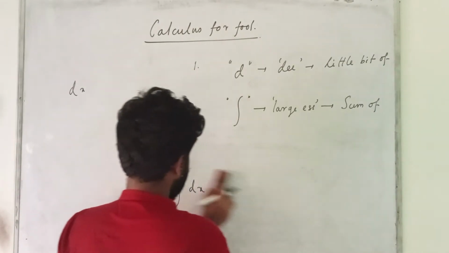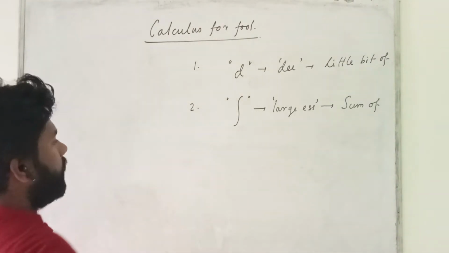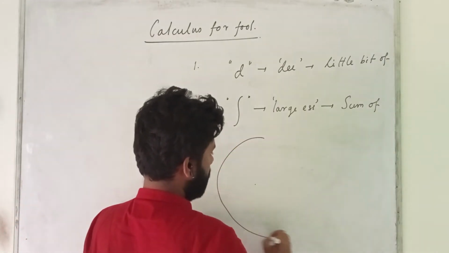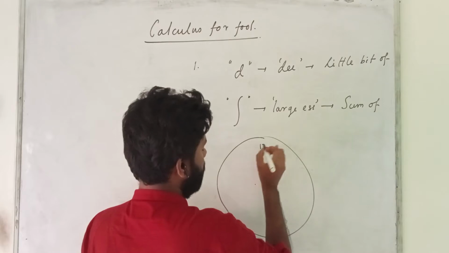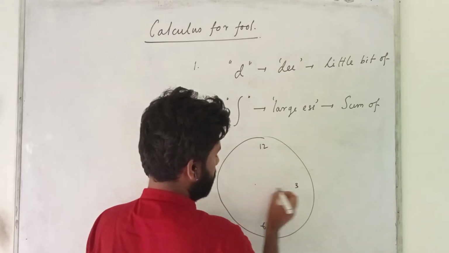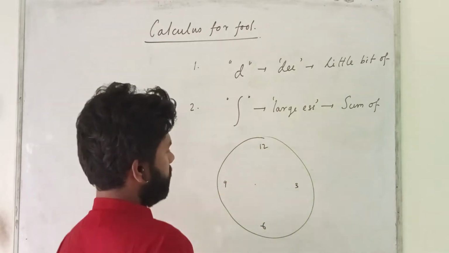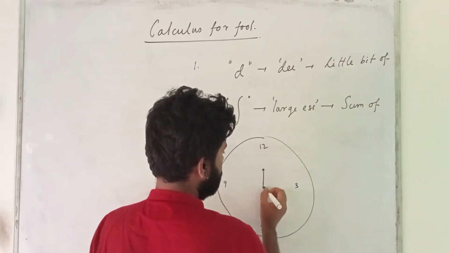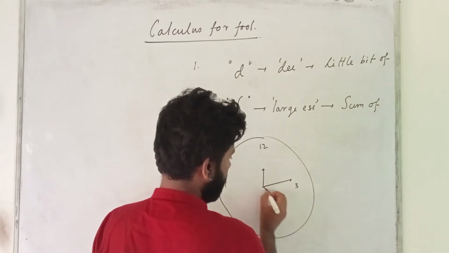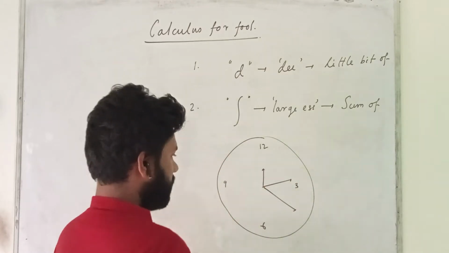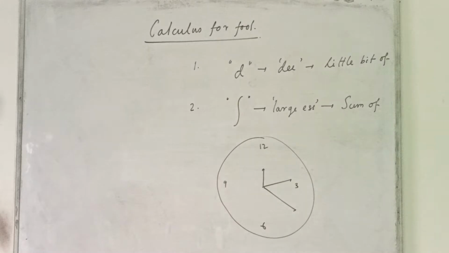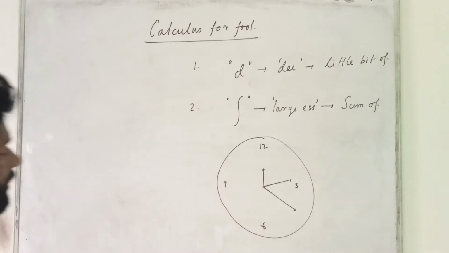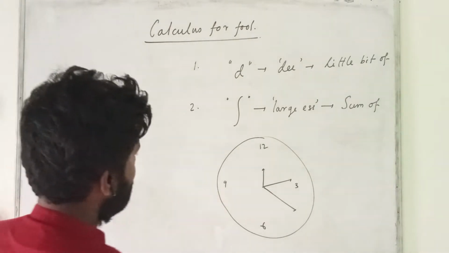Do you know what it is, if you have a clock? The clock has 12, 6, 3, 9, and there are three hands: an hour hand, minute hand, second hand. So where does the minute come from?